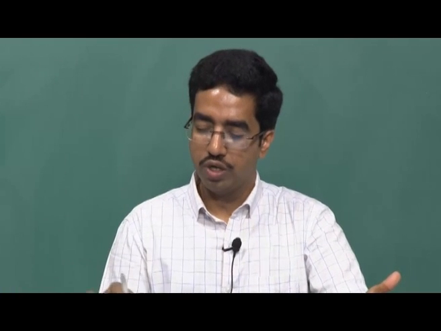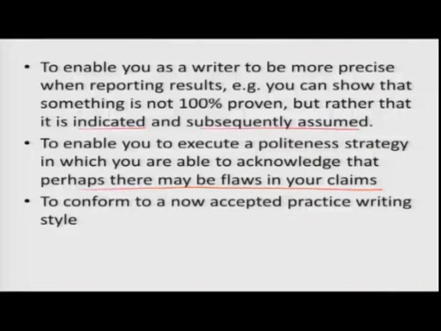So, you acknowledge that at least maybe 5% is chance factor, 5% is the possibility of some error. Whatever I am saying is true in 95% of cases. That is what you want to say here, you acknowledge that there may be flaws. By doing so you are being polite in the academic context.